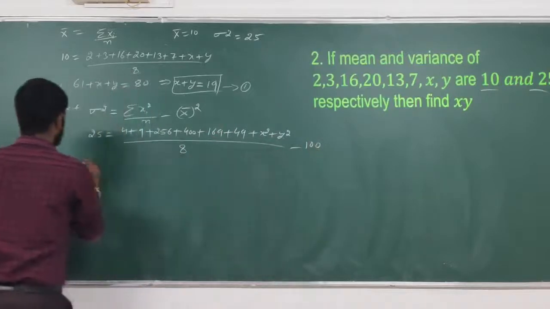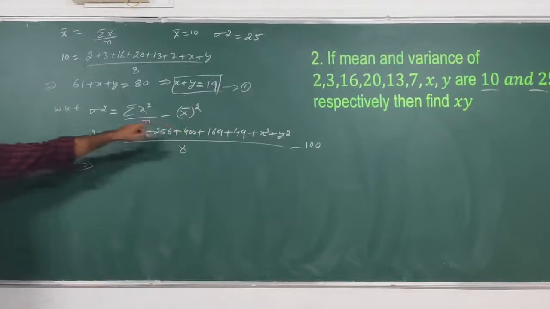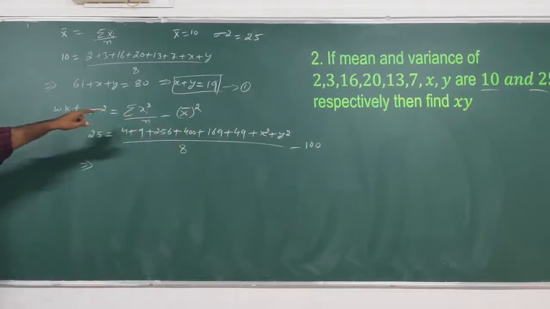Now just add these terms. 4 plus 9 is 13, plus 256, plus 400, plus 169, plus 49. Adding these terms, we get 887.